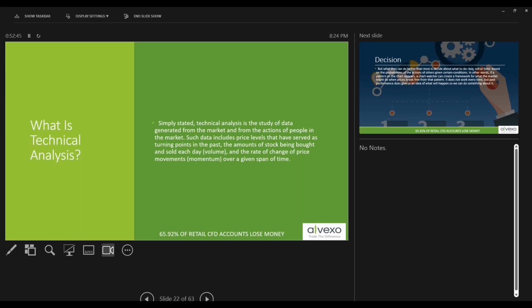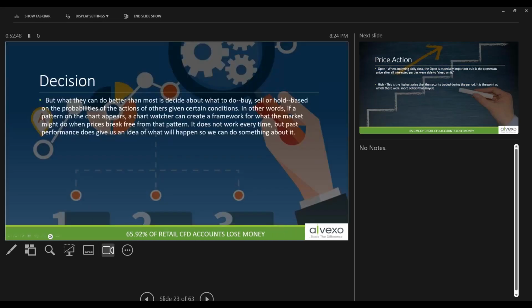Because if you think of the markets, price can only do three things. Price can only go sideways or in congestion, which is what it does most of the time. It can go in an uptrend or it can go in a downtrend. So what are you trying to do? You are trying to do several things. You're trying to find high probability trades.